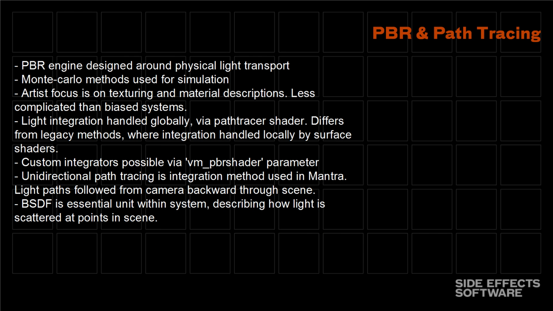So the PBR engine was designed around physical light transport. And so we deal with things like the solid angle, we deal with the actual energy of the light sources that are being traced through the scene. All the properties that you would expect out of a physical renderer are respected. For the most part, Monte Carlo methods are used for the simulation. Given the complexity of the integrals that we're dealing with, the only tractable method for dealing with them is really through Monte Carlo.